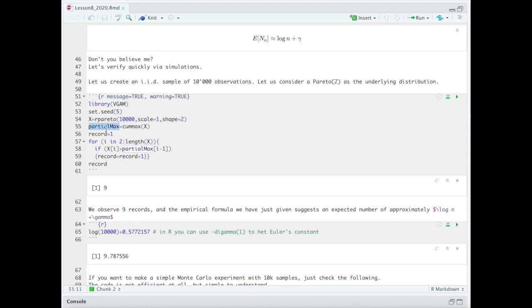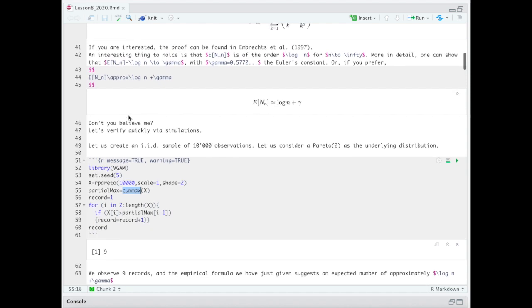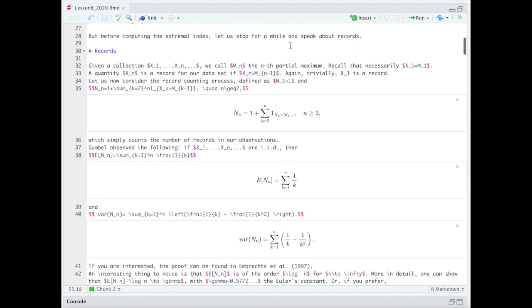After that, we compute the partial maxima using the cummax function of R. And we can then simply define our record counting process by setting the first value equal to 1, because remember, N_1 is equal to 1, as we have stated here.